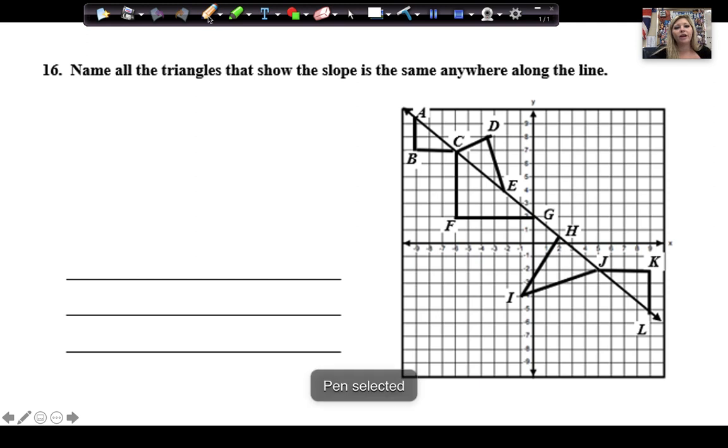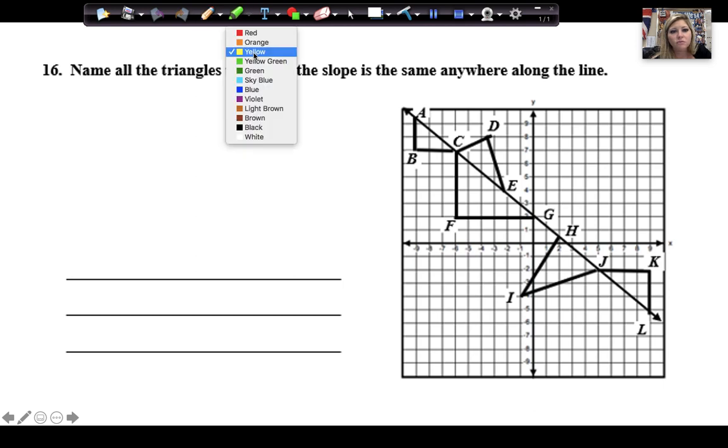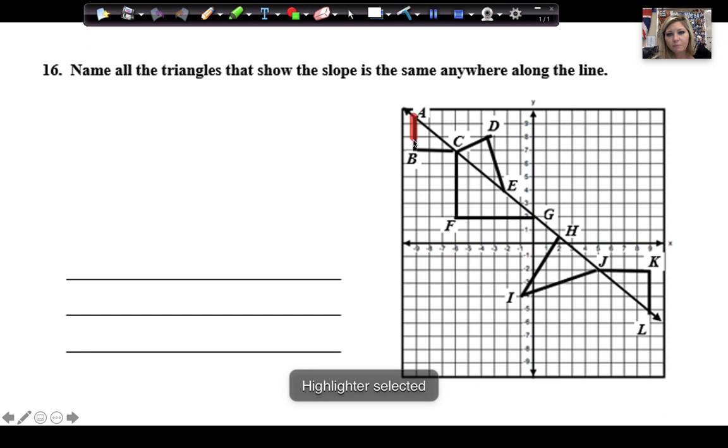Name all of the triangles that show the slope is the same everywhere along the line. So what we're looking for is these right angles. If it doesn't have a right angle, like this is not a right angle and this is not a right angle, we are not talking about those.